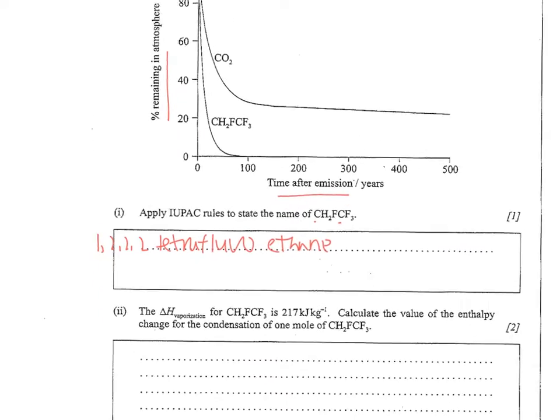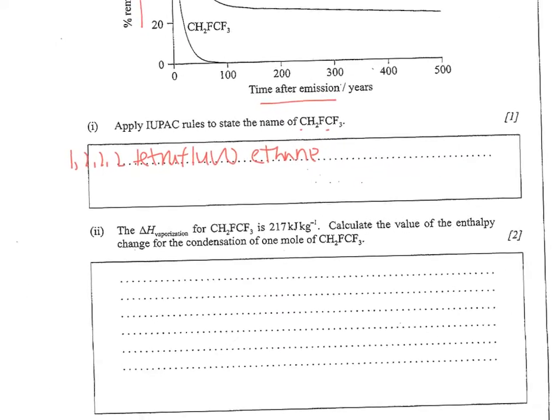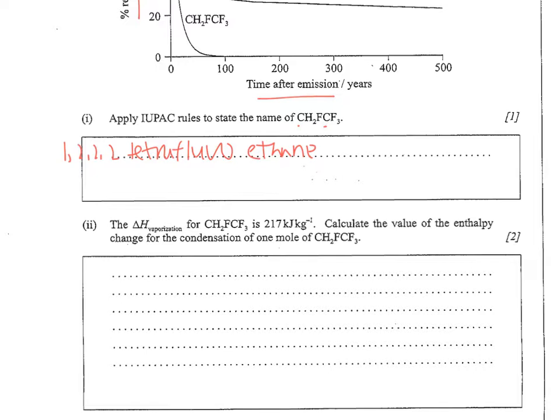The second question then says, the heat of vaporization for this compound is 217 kilojoules per kilogram. Calculate the value for 1 mole. Well, I have to convert kilojoules per kilogram to kilojoules per mole. So to do that, I need to find out how much 1 kilojoule is in moles.